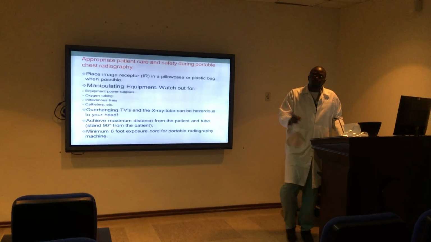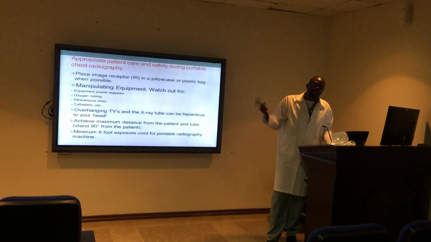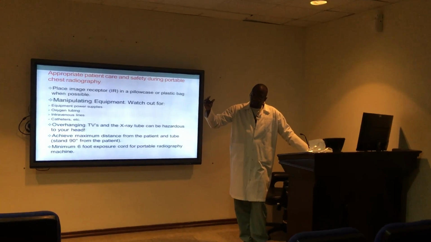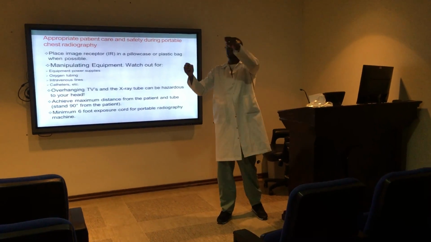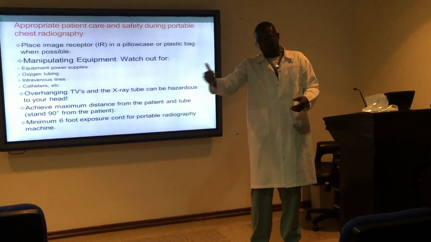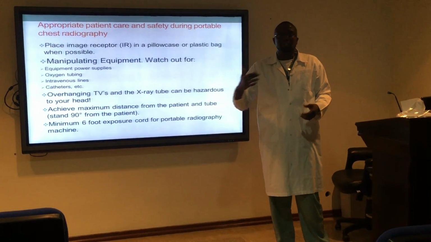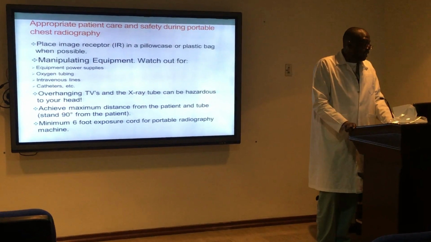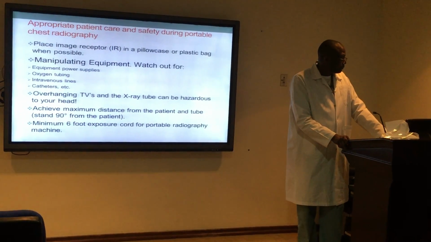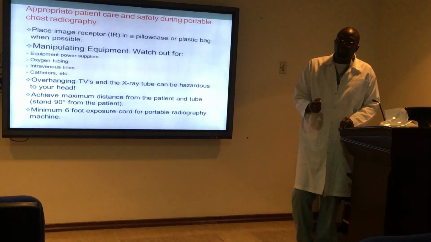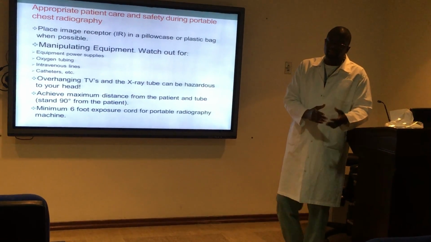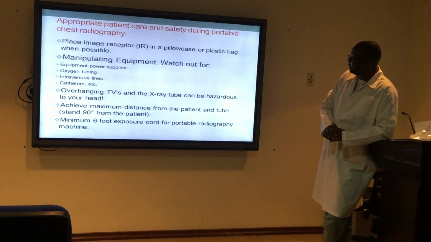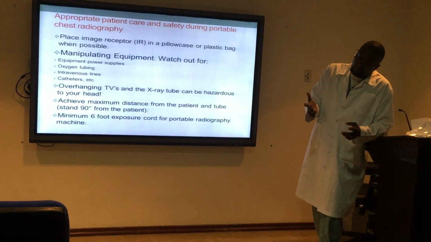Watch out for the overhanging TV in the patient's room. At the same time, watch out for the tube of your machine also, because once you position it, you have to make sure you are not walking around in such a way that you can hit your head on the machine. And always try to achieve the maximum distance. At least try to stand 90 degrees away from the patient.